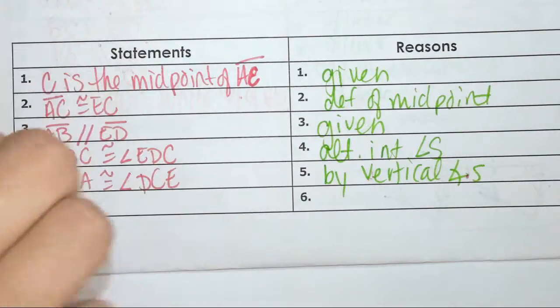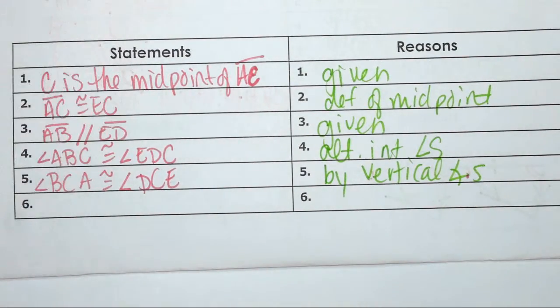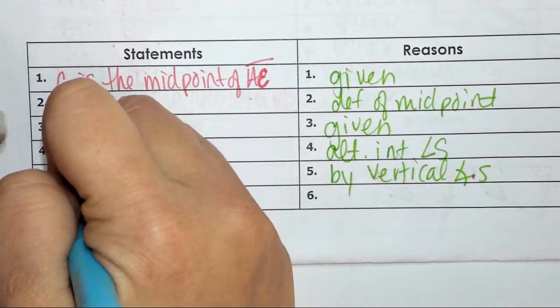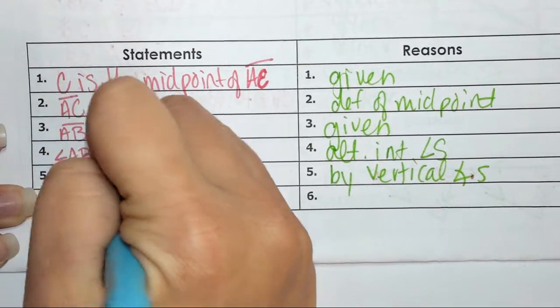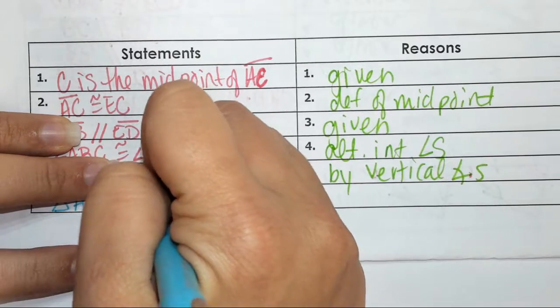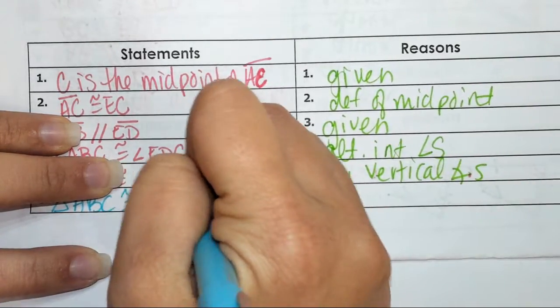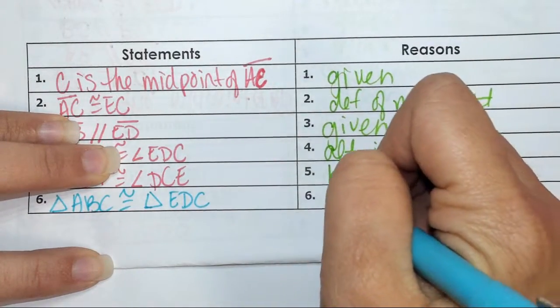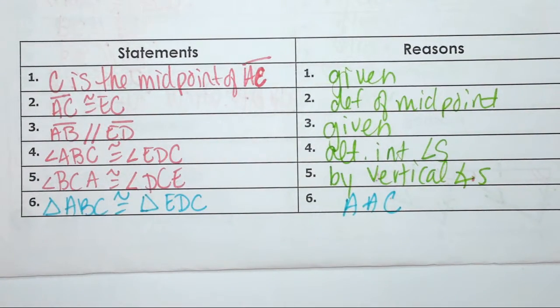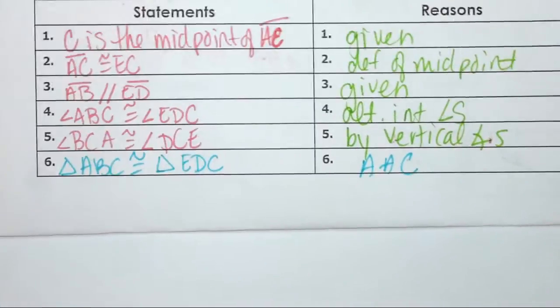Now, how could we say that our triangles are congruent? Why? Good. Take a point. Does everybody agree with that and see that?